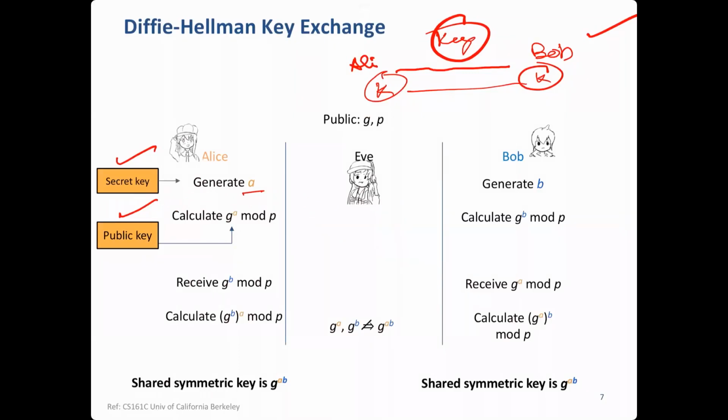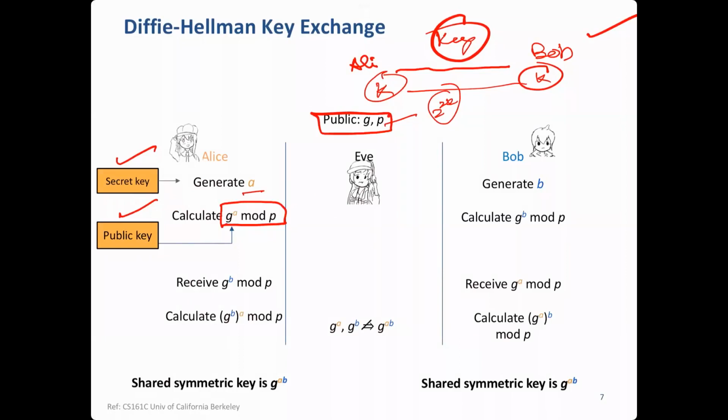Then she generates G raised power A mod P, where G and P are known to everyone, published. These are very large numbers, of the order of 2 raised power 2k kind. A is also large, so G raised power A mod P could be a very large number.